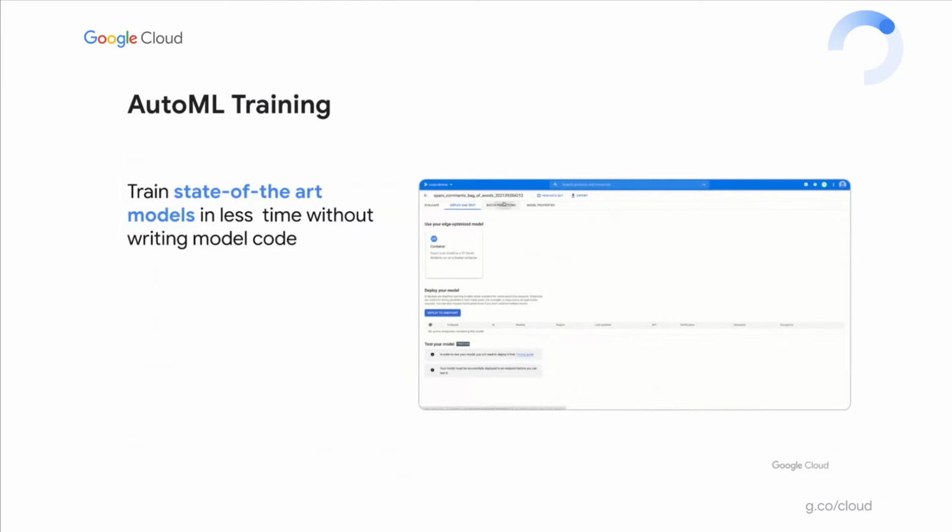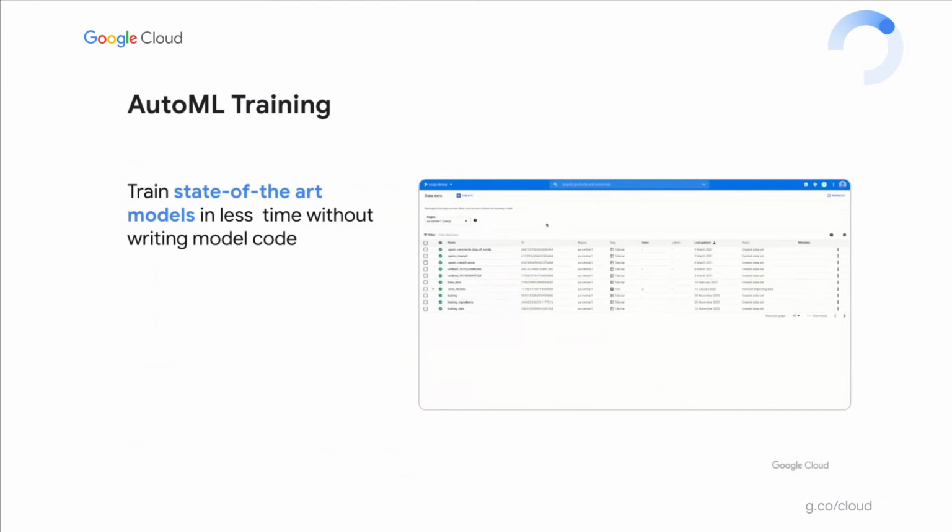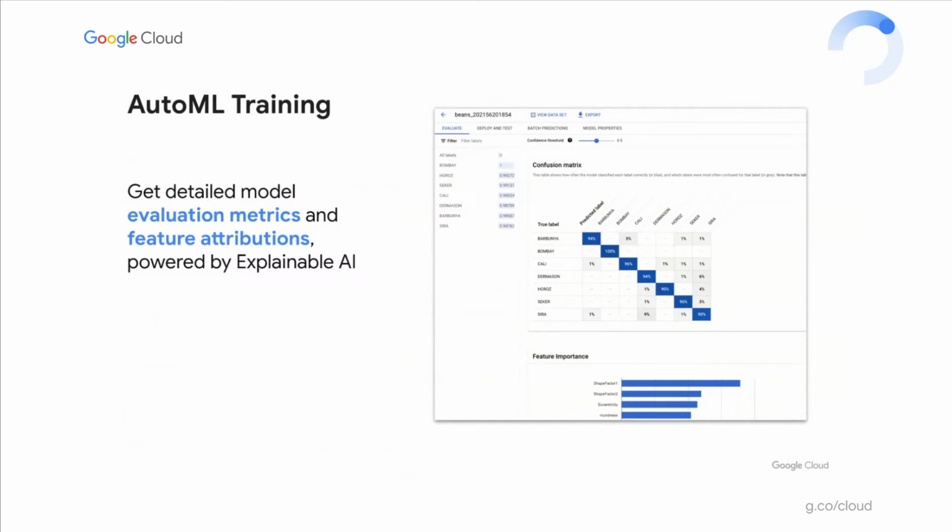AutoML will find the best model architecture for your prediction task, and then once your model is done training, you get access to detailed model evaluation metrics to see how your model performed on the test data. And you also get feature attributions, which tell you which features your model relied on most to make its predictions, to give you a little bit more transparency on how your model is working under the hood. This is powered by explainable AI.